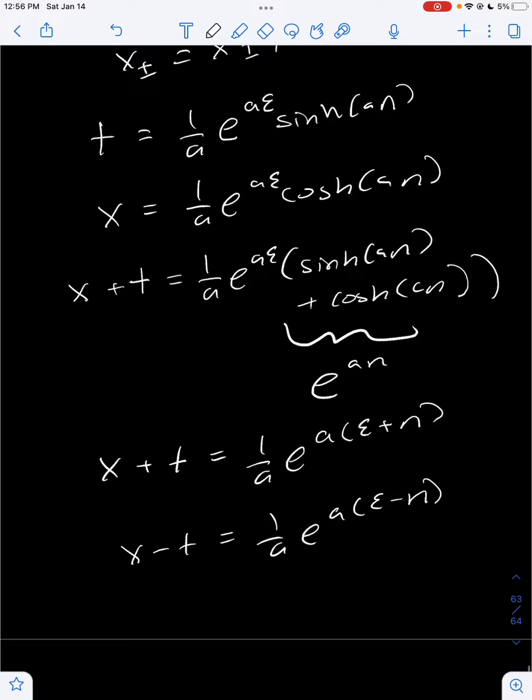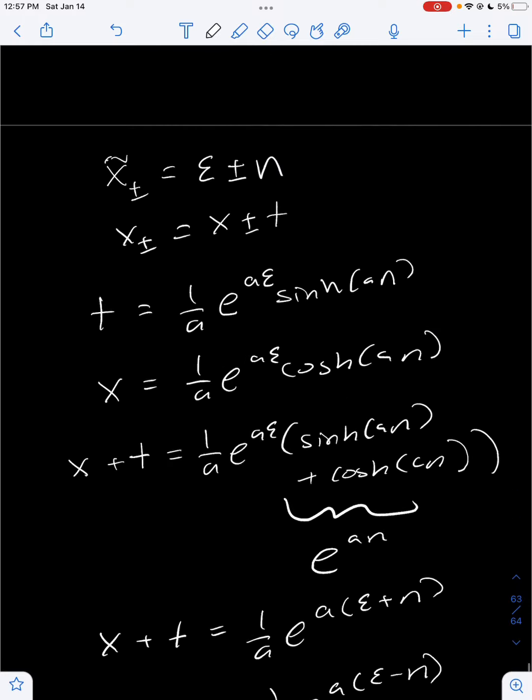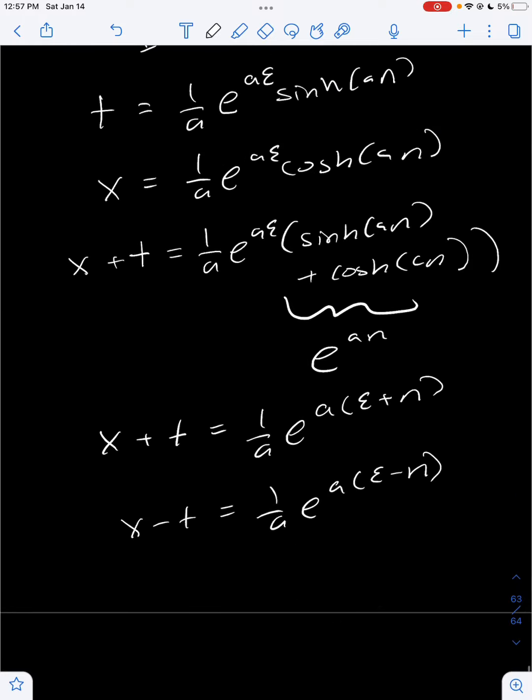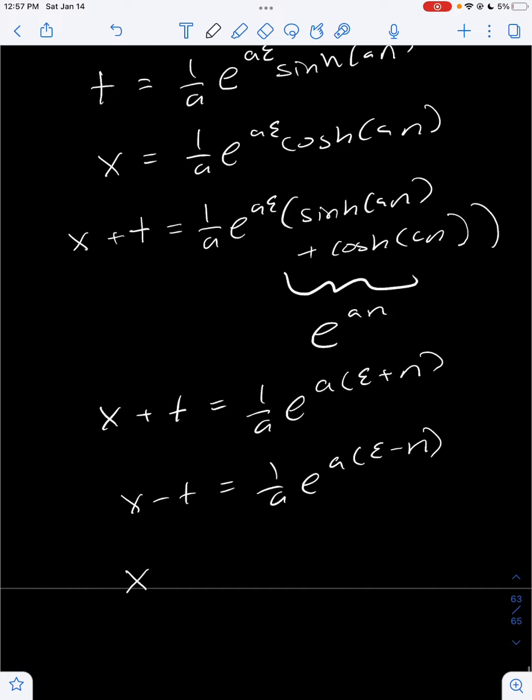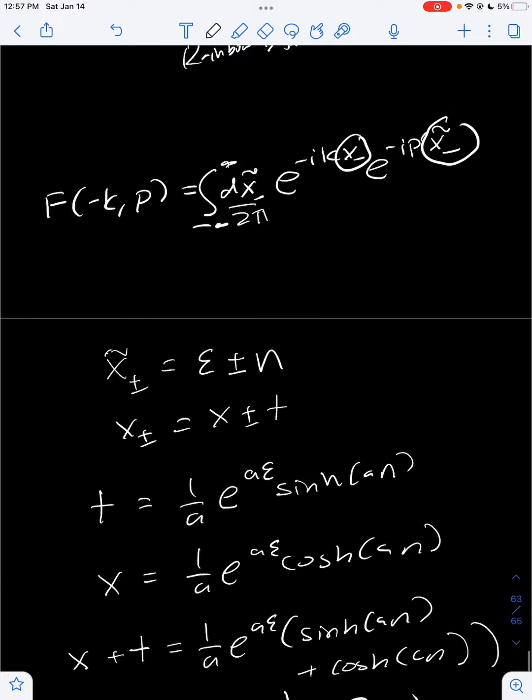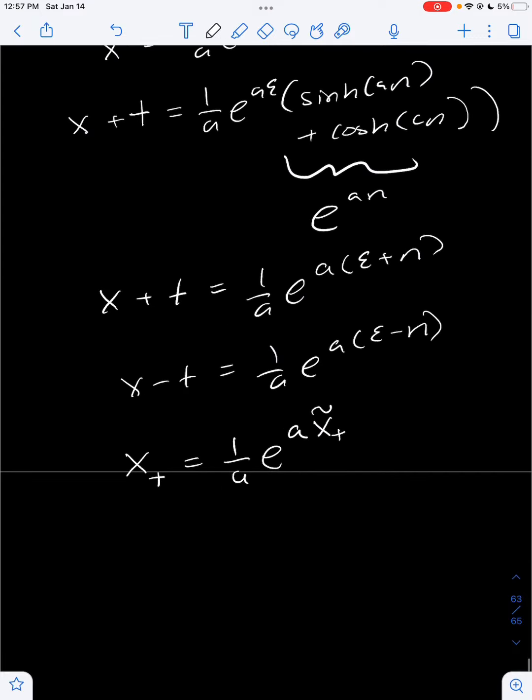So this means that we can immediately write out x plus as being 1 over a e to the a x tilde plus. And then that means that x minus equals this over here.